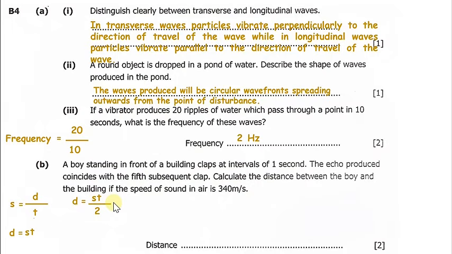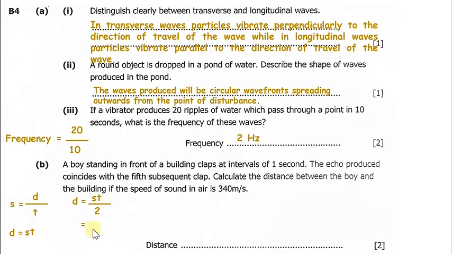So if it goes and comes back, in that same 5 seconds, the sound traveled twice. It had to go and come back. So for us to get the correct time, we have to divide that time by 2. That's why I've put this 2 here.